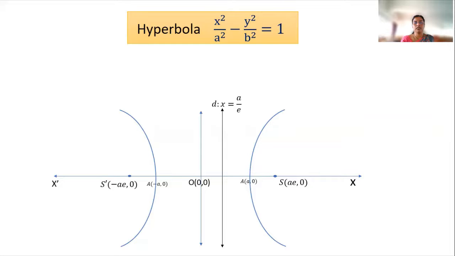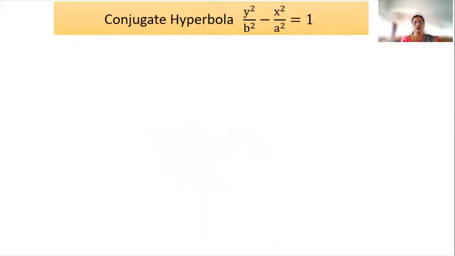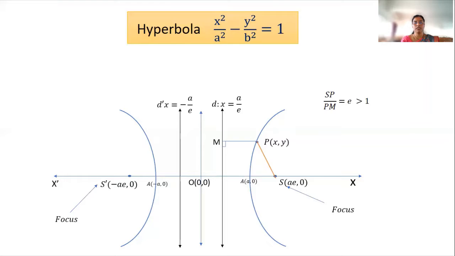Let D be x is equal to a upon e and D dash be x is equal to minus a upon e; these are the directrices of the hyperbola. P be any point on the hyperbola. Then the ratio SP upon PM is the constant ratio e, which is greater than 1. Then S is called the focus and D is called the directrix.